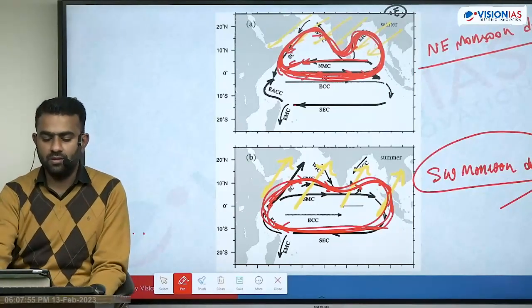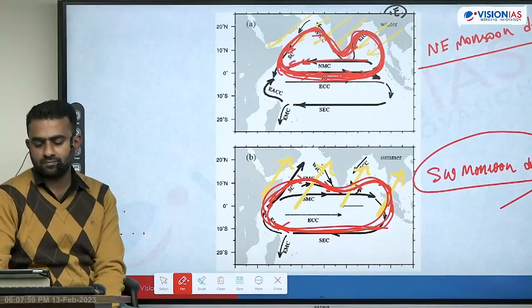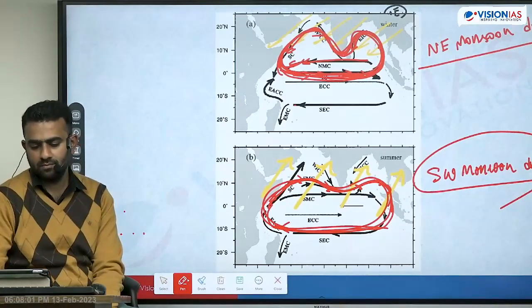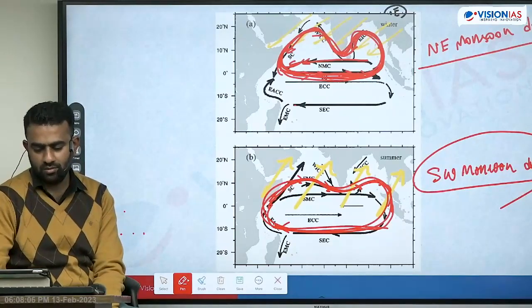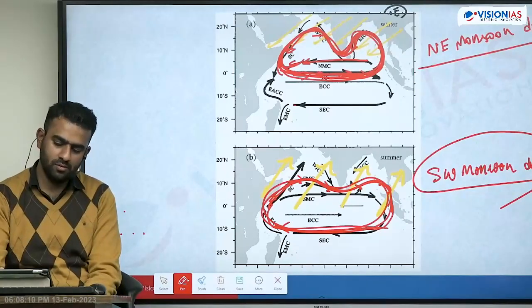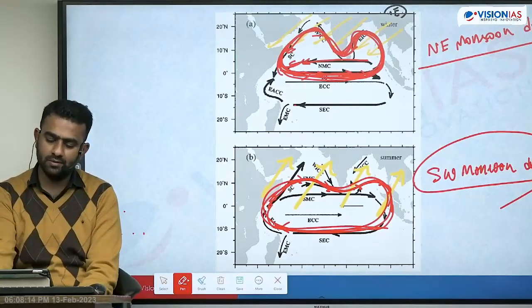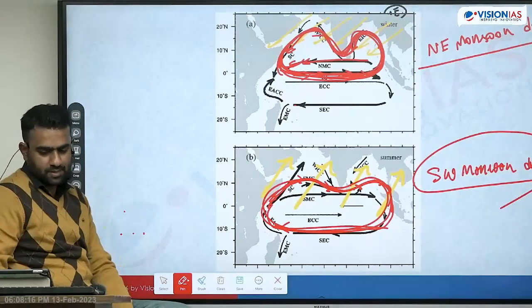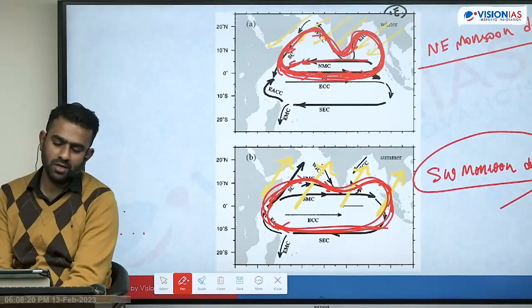Next point, during this time there are no north equatorial current and counter equatorial currents.